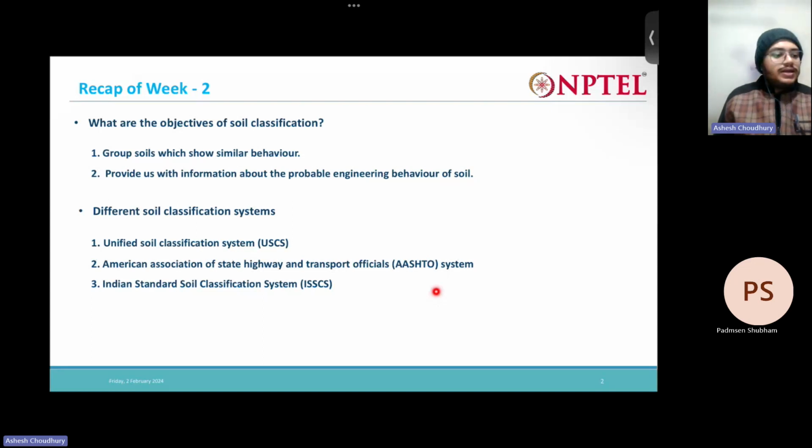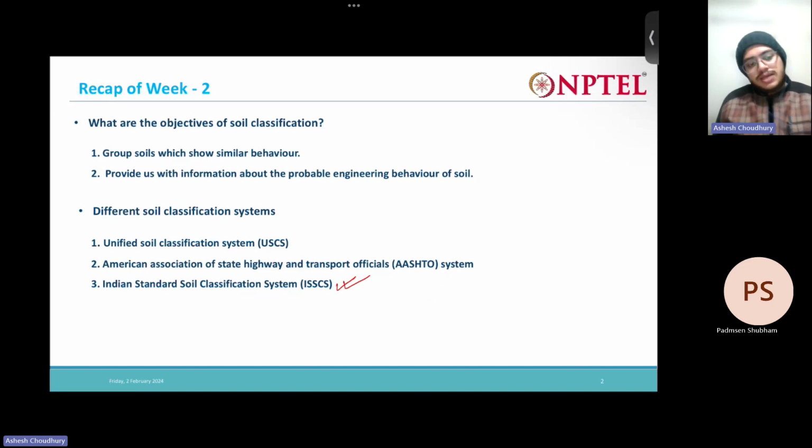There are many soil classification systems available to engineers around the world. What we are going to follow is the Indian Standard Soil Classification System.